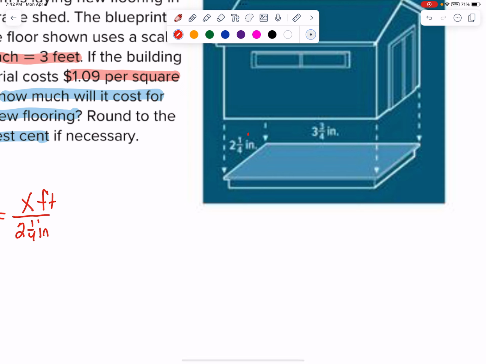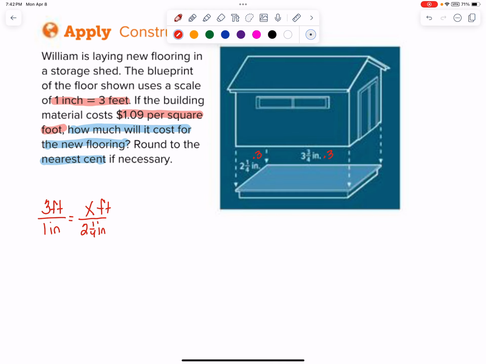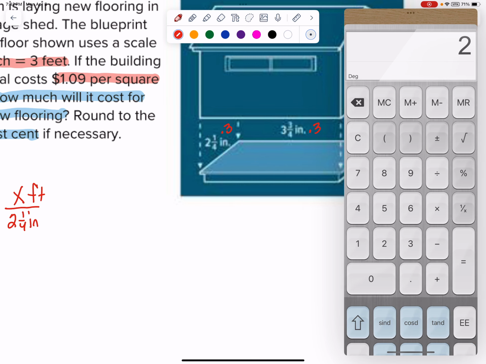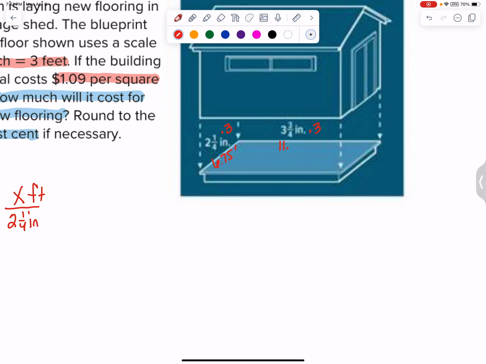So this is just times 3, and it's going to tell you how many feet that is, because every inch is 3 feet. So that's really the quickest way. Let's just go ahead and do 2.25 times 3, and I'm going to rewrite what this is now. So 6.75 feet and 3.75, that's what 3/4 is, 3.75 times 3 is 11.25 feet. I'm just doing the tick mark for feet.